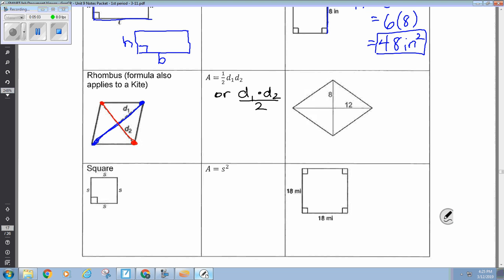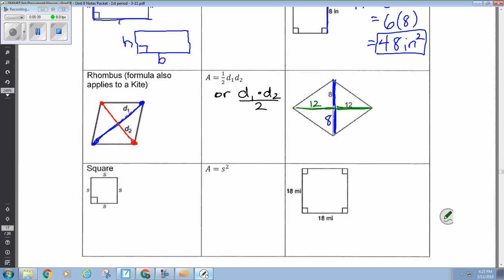So let's look at the example that's provided. So notice that you have one part of the diagonal being 8, which means that the other part of that same diagonal has to be 8. Remember, diagonals bisect each other. That's a property for a rhombus. So these two pieces have to be 8. This piece of the diagonal is 12, so that means the other piece of the diagonal has to be 12. So again, be careful of that. Sometimes they'll give you the whole diagonal, but sometimes they won't. So you have to be mindful of that.